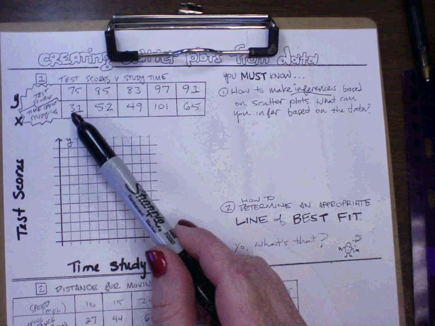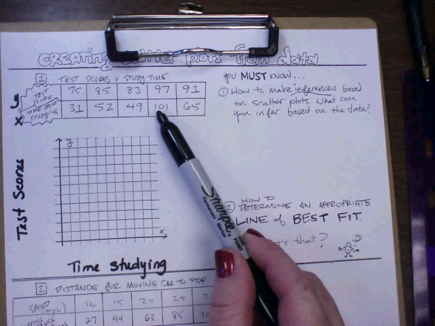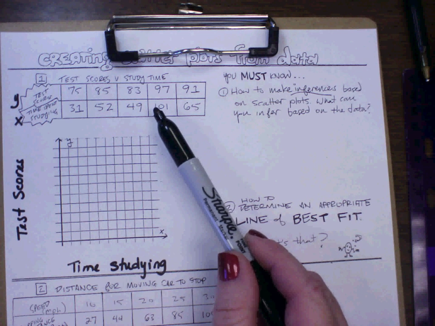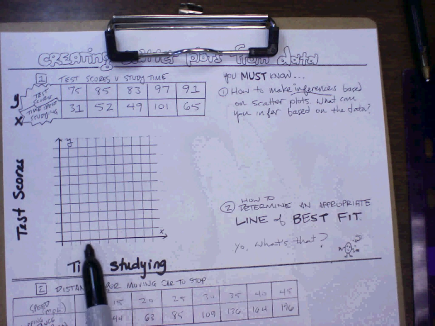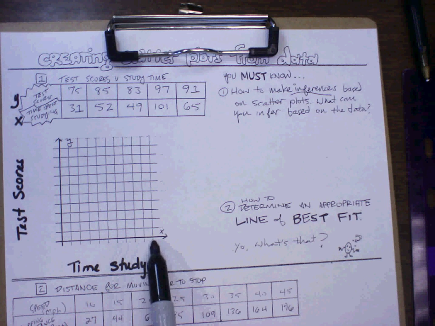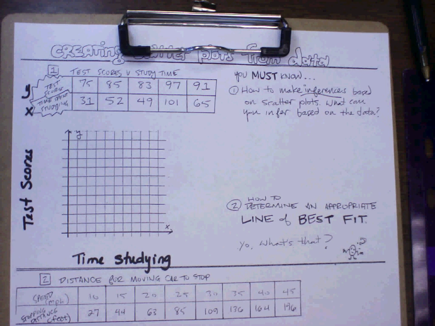All right, what's my highest and my lowest on my X and my Y? Let's start with my X. Lowest is 31, and then the highest one is 101. So which means I probably will not be able to start this graph using a 1, correct? So let's see, 10, 20, 30, 40, 50, 60, 70, 80, 90, and 100.